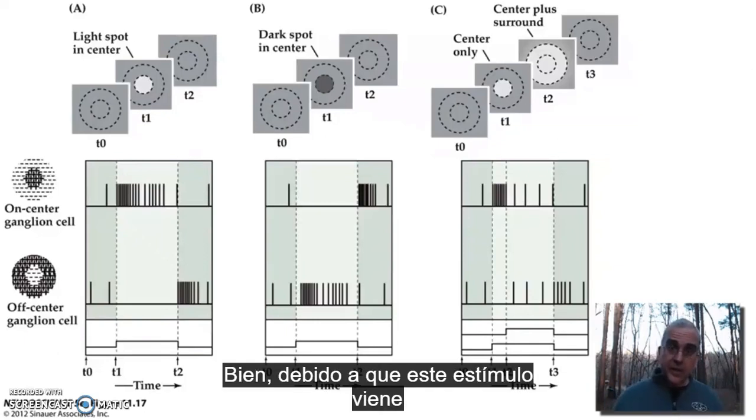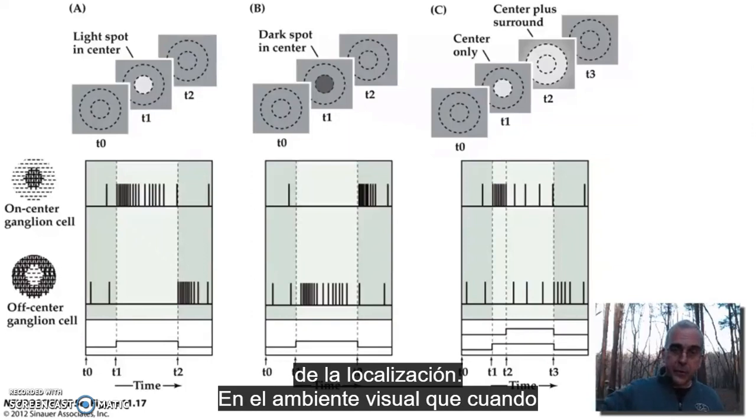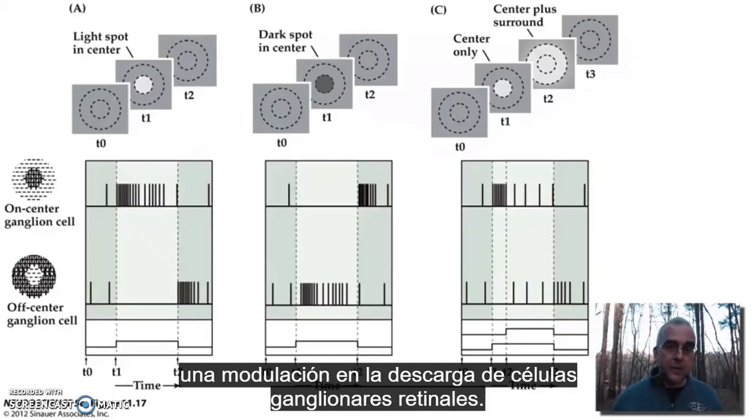Well, because that stimulation is coming from light in the environment, we can also define the receptive field in terms of a location in the visual environment that, when illuminated, or when there's some change in the level of illumination, can lead to a modulation in the firing of retinal ganglion cells.